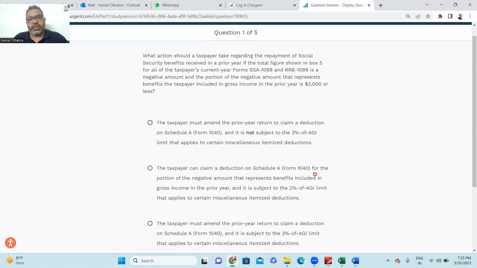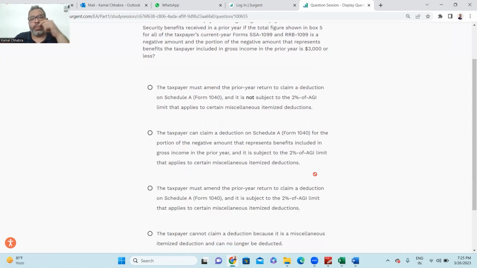First option: the taxpayer must amend the prior year return to claim the deduction on Schedule A, and it is not subject to the 2% of AGI limit that applies to certain miscellaneous itemized deductions. Second: the taxpayer can claim a deduction on Schedule A for the portion of the negative amount that represents benefit included in gross income in a prior year, and it is subject to the 2% AGI limit.